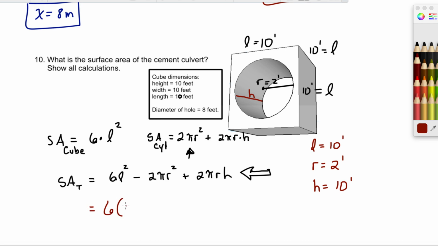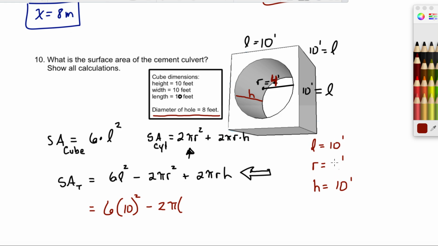6 times 10 squared minus 2 pi times, I made a mistake here. The diameter of the hole is 8 feet here. It says right here, and I put 2. So I was thinking that the radius was half of 4. So let's fix this here. The radius is 4. Maybe you saw that mistake earlier and you're thinking, oh, Mr. Mack's making a mistake.